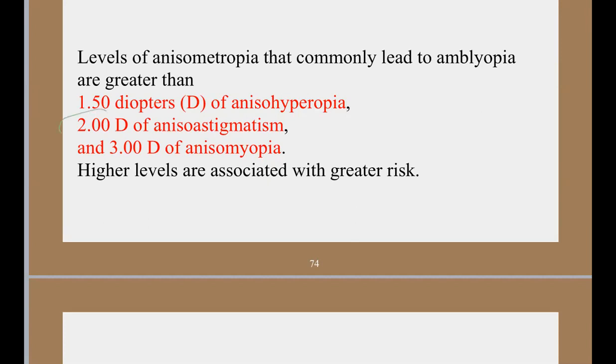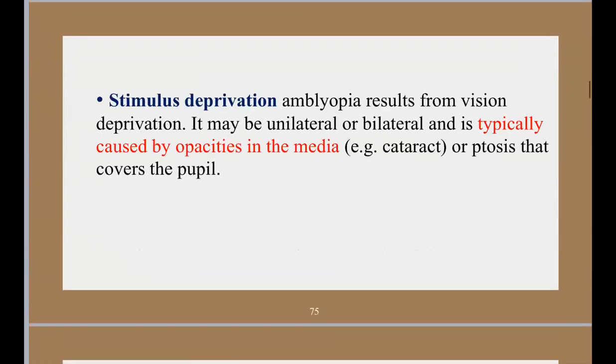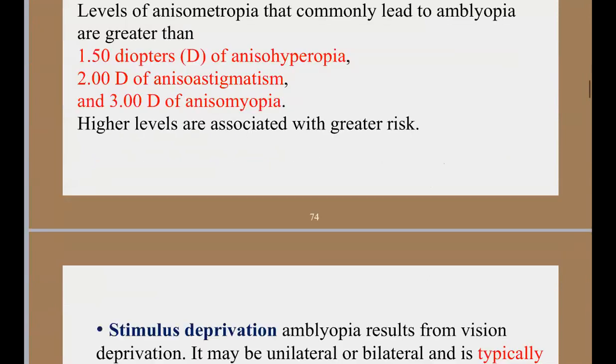Here, 2 diopters of astigmatism, or anisoastigmatism, is an indication for treatment because it may lead to anisometropic amblyopia. And here, 3 diopters of anisomyopia is also relevant to the development of amblyopia. And if the levels are higher, this will be associated with greater risk.